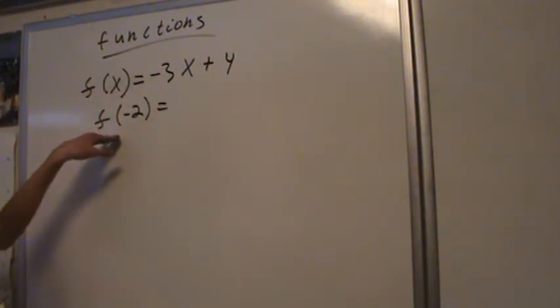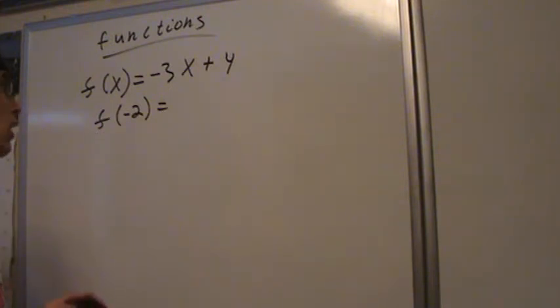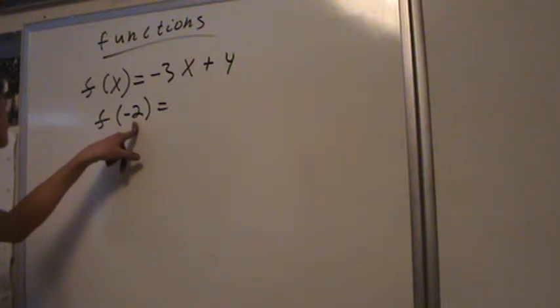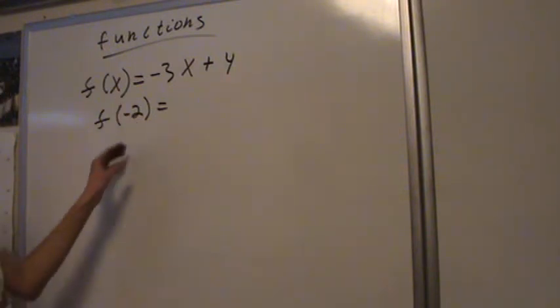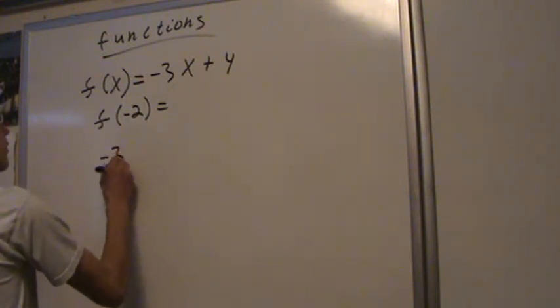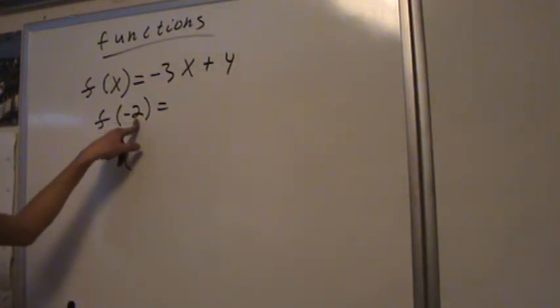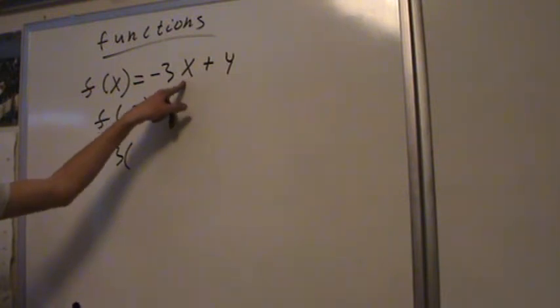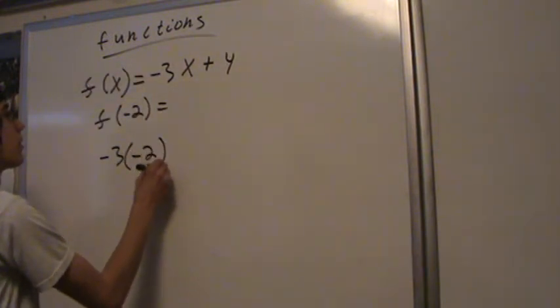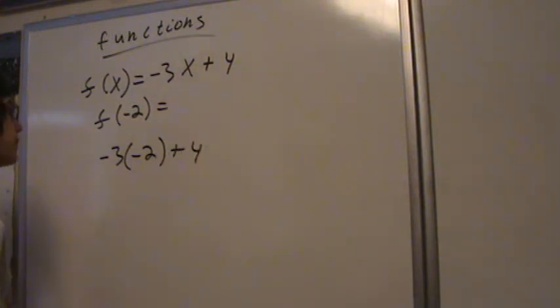Whenever they say this, it always means a function whose x is negative 2. So this is how we're going to write it. We do negative 3, and they tell us to put negative 2 in for x. That's what all that means right there. So we put negative 2 in plus 4.